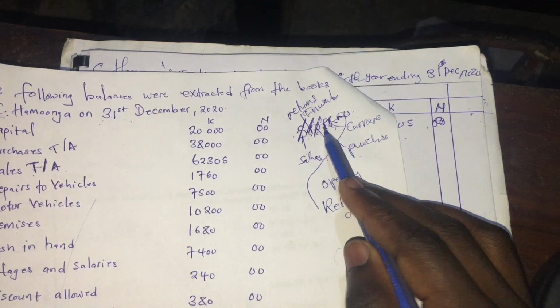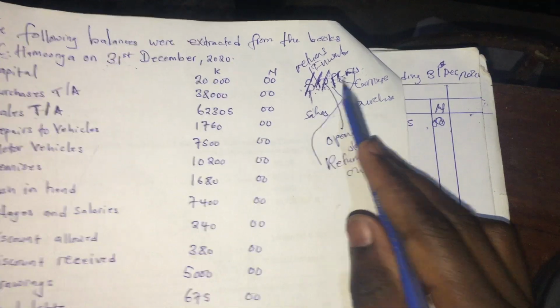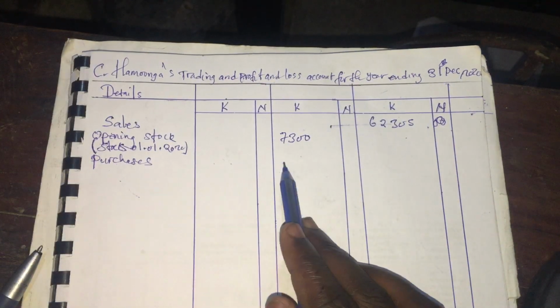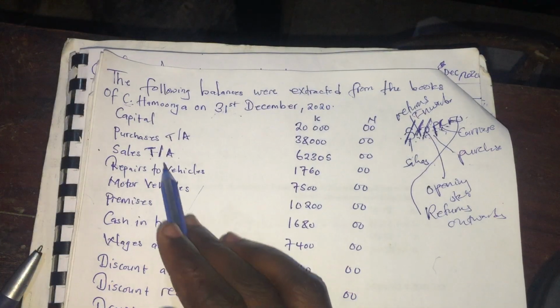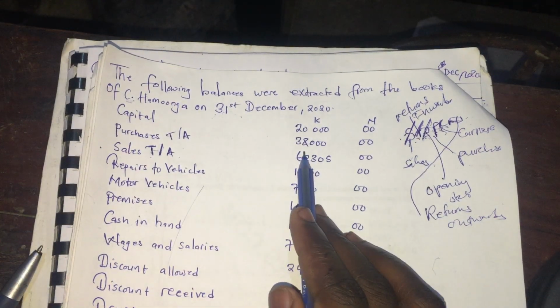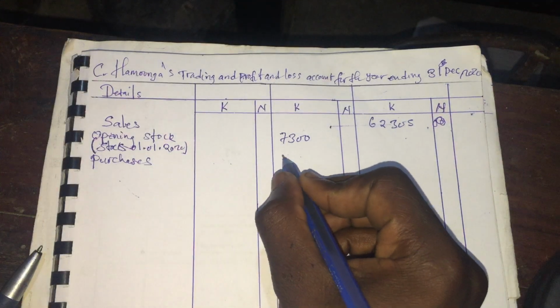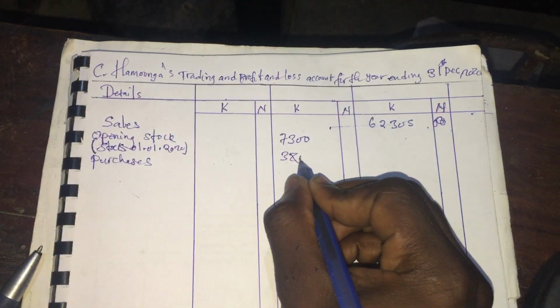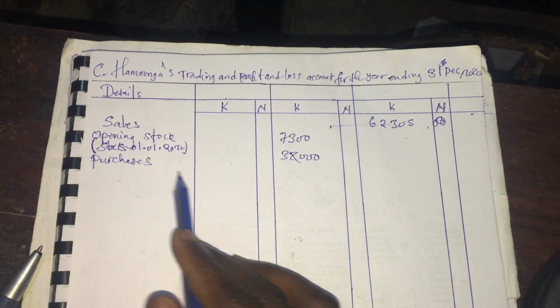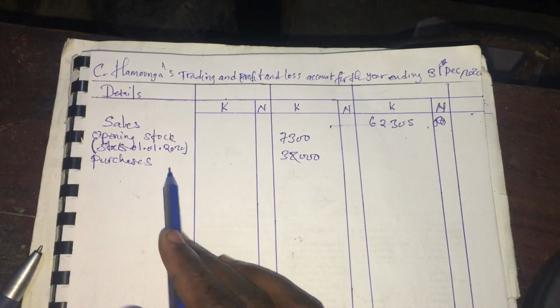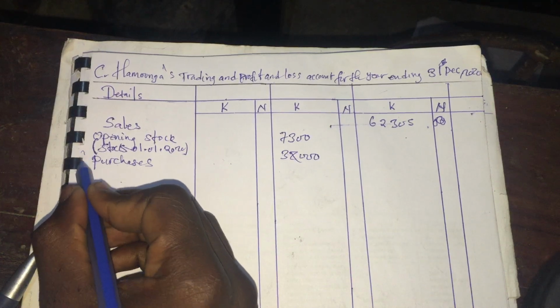So STROBE GROW helps very well. P is purchases. Since we don't have C, which is carriage inwards, the amount for purchases is placed in this box. So we write the amount for purchases, which is 38,000. Remember, don't forget to write "add purchases" at first.